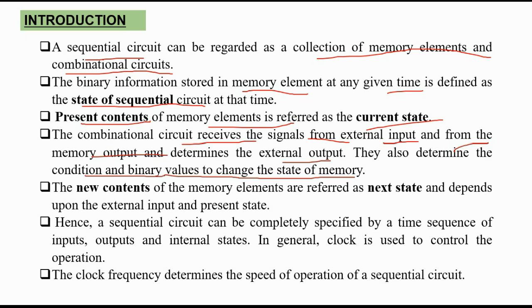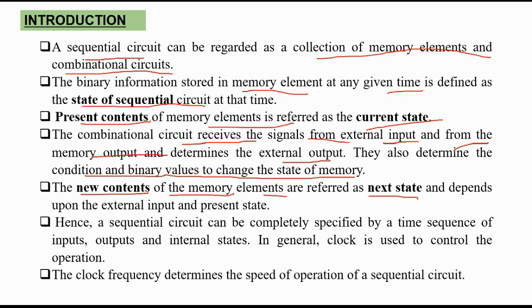The process that I am describing here we can call the change of state of memory. And what is meant by new content? The new contents of the memory elements are referred to as the next state, which depends upon the external input and the present state.